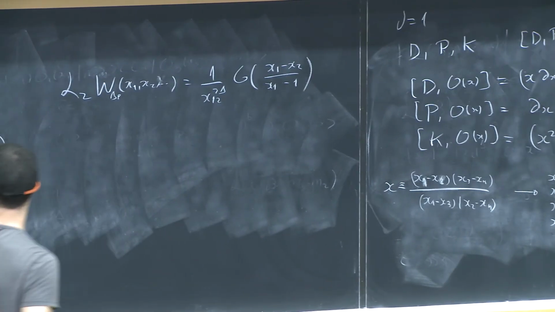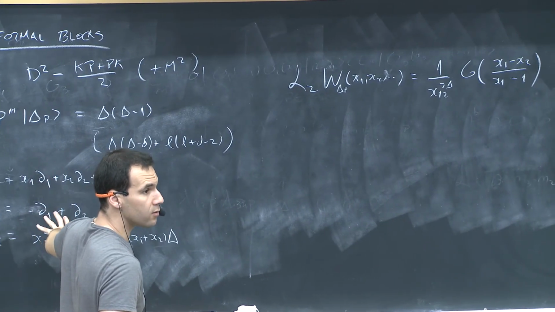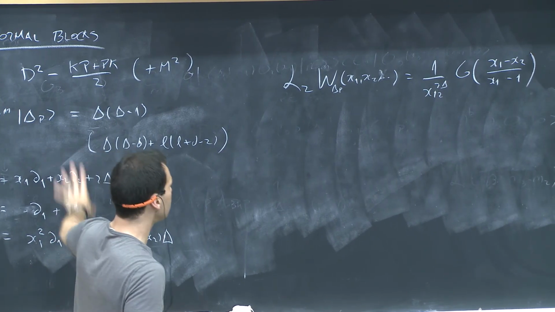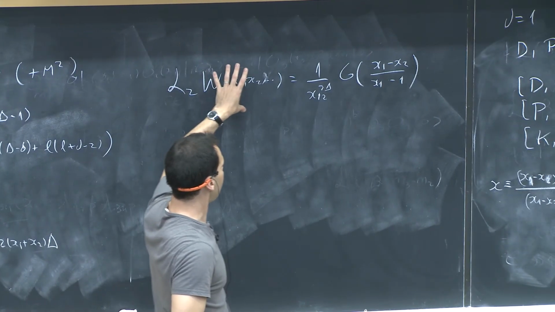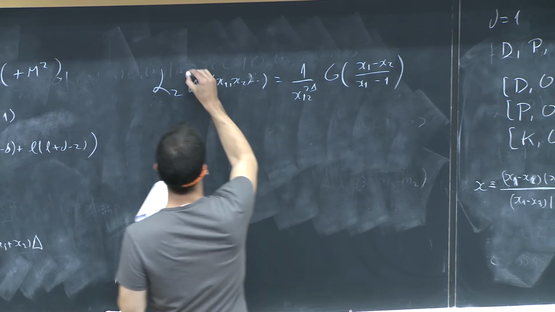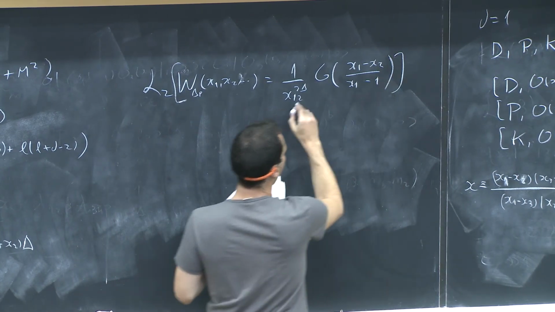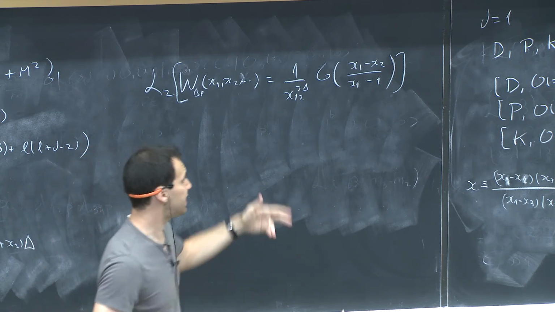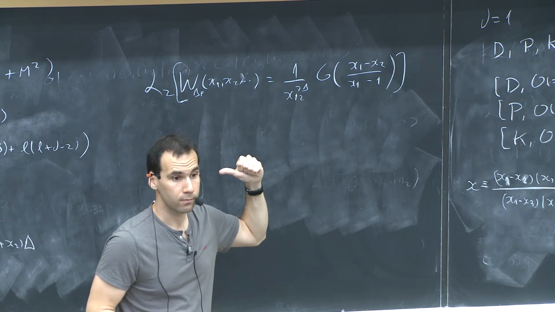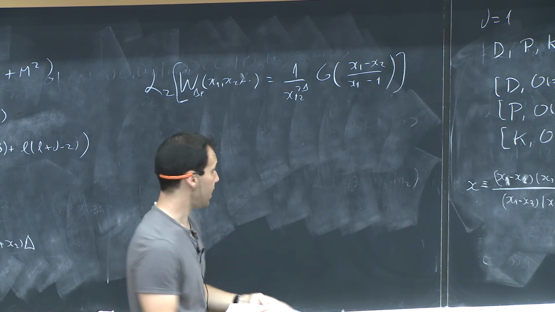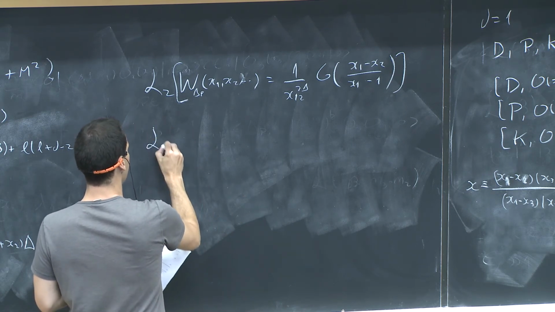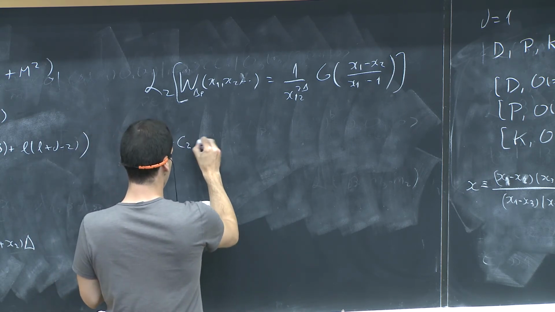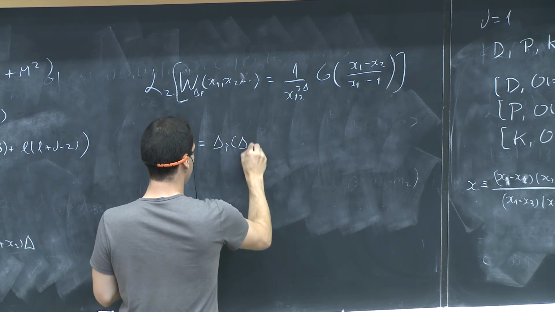Okay? So you take this operator, do it in Mathematica, for instance, or do it by hand if you're brave. Take this operator, act on this function, and you should get back the same function times the Casimir, which is delta times delta minus 1. Okay, and indeed, so let me just give you the answer. L2 minus C2 is x squared (1 minus x) d²/dx² minus x squared d/dx, minus delta P times delta P minus 1.